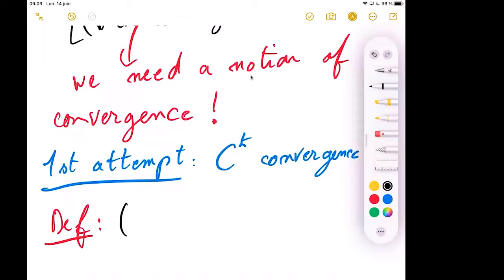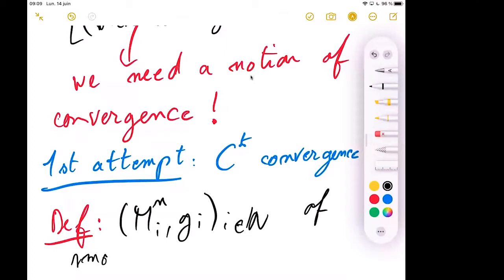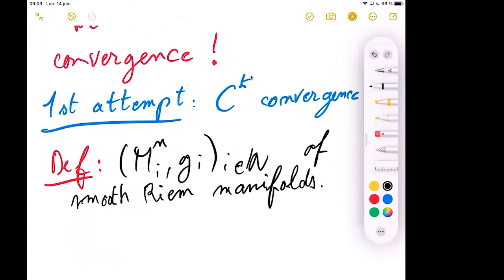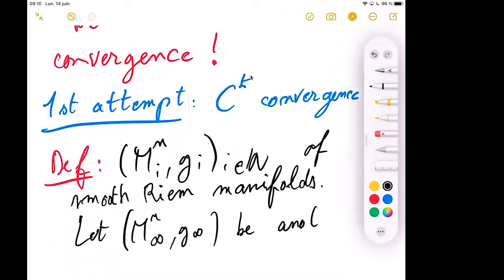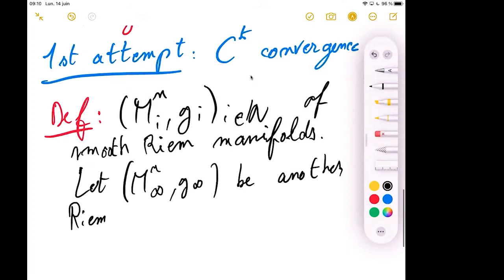So let's take a sequence (M_i, g_i) for i in N of smooth Riemannian manifolds, and let (M_infinity, g_infinity) be another Riemannian manifold.